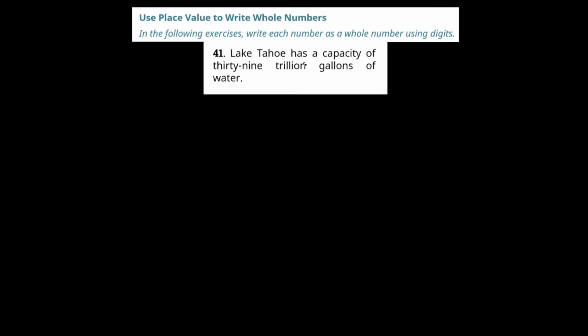For 41, Lake Tahoe has a capacity of 39 trillion gallons of water. We're getting into a new period. So trillion comes after billion. If we were to write the letters of each period, we have trillions, billions, millions, thousands, and then ones. Let's start with trillions.